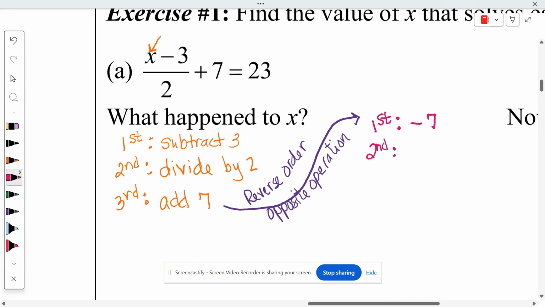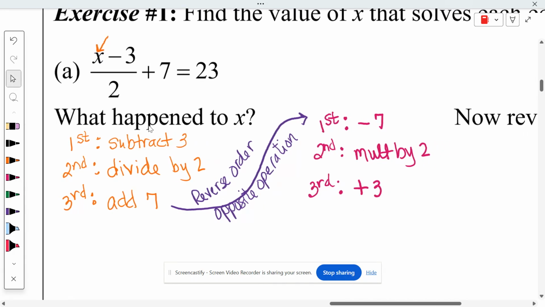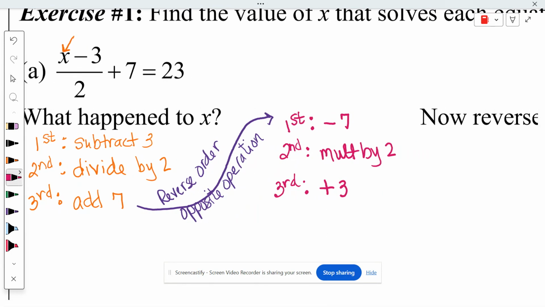Well, the opposite or the inverse of divide is multiply by 2. And then the last thing that we are going to do, well, it says that the first thing we did was subtract 3. So the opposite of subtract 3 is add 3. All of this is happening to the x.